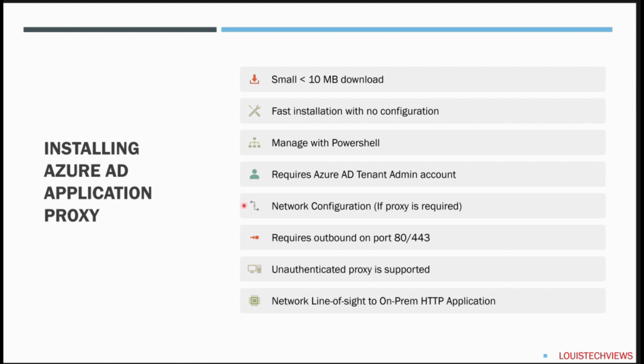You do have some lightweight network configuration potentially required. This is only if the system where you have the connector installed requires a proxy in order to get out. If it can get out to the internet on port 80 and port 443 without requiring a proxy, then you don't have to do anything additional. Unauthenticated proxies are supported, so if you have a proxy that does not require a username and password, the application does support that.